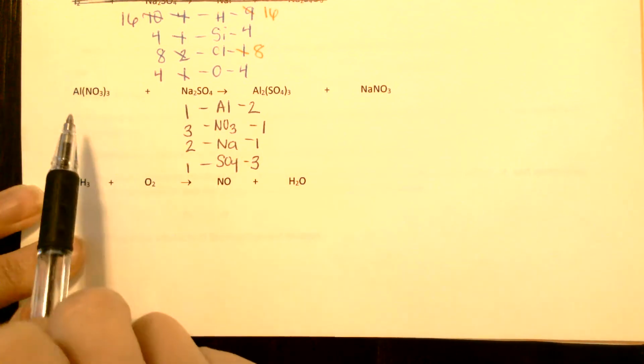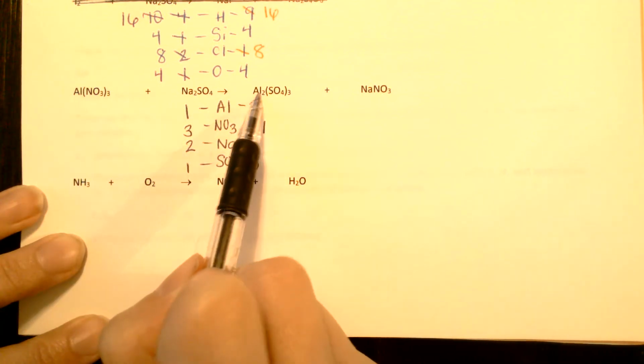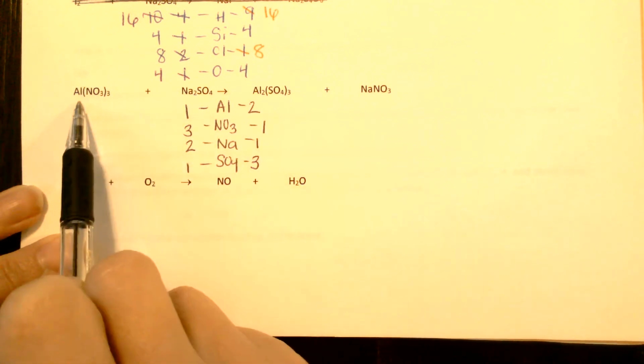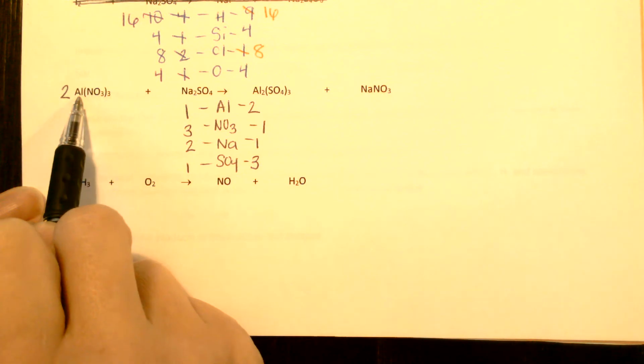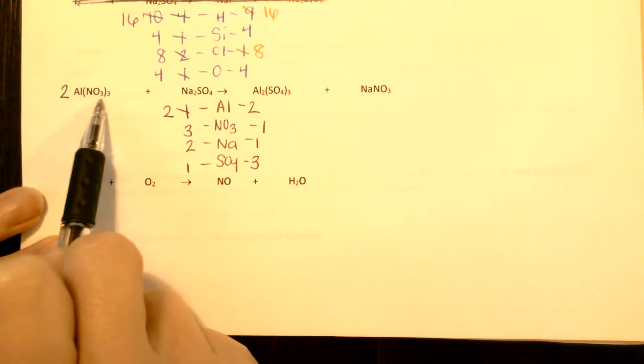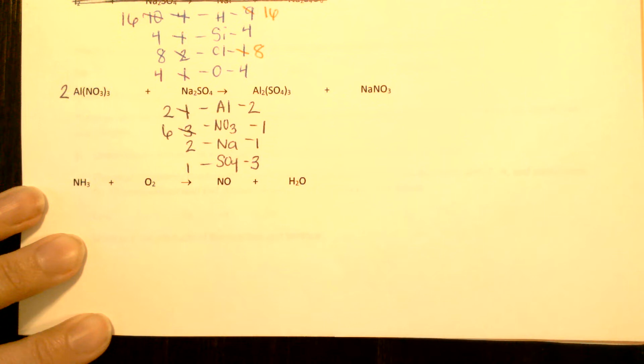So aluminum, we have 1 on this side and 2 on this side. We're probably going to have to choose a coefficient of 2 to go right here. So 2 for aluminum. And now we have 2 times 3, which gives us 6 NO3.